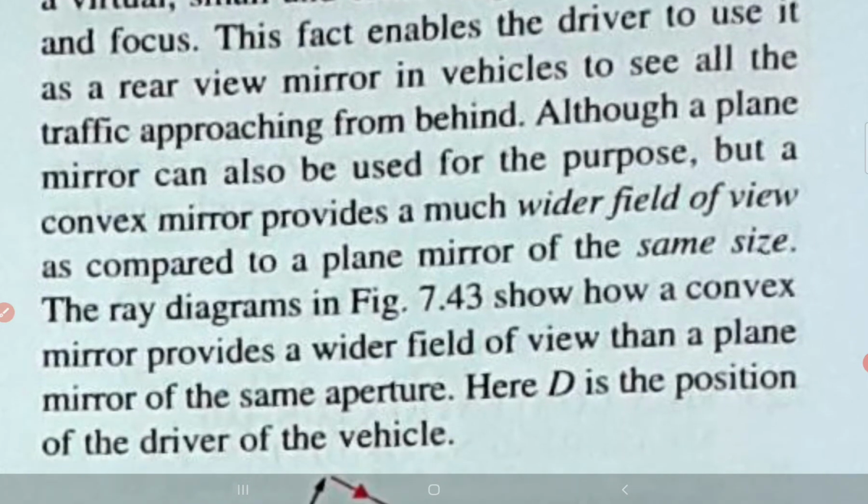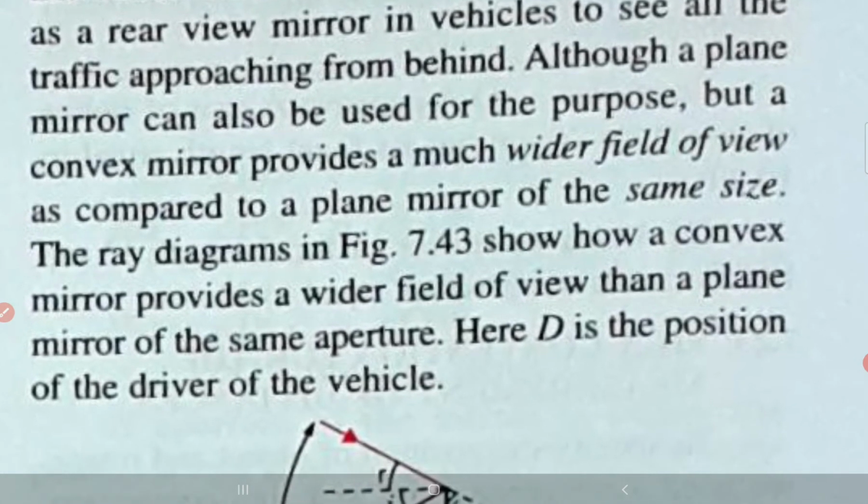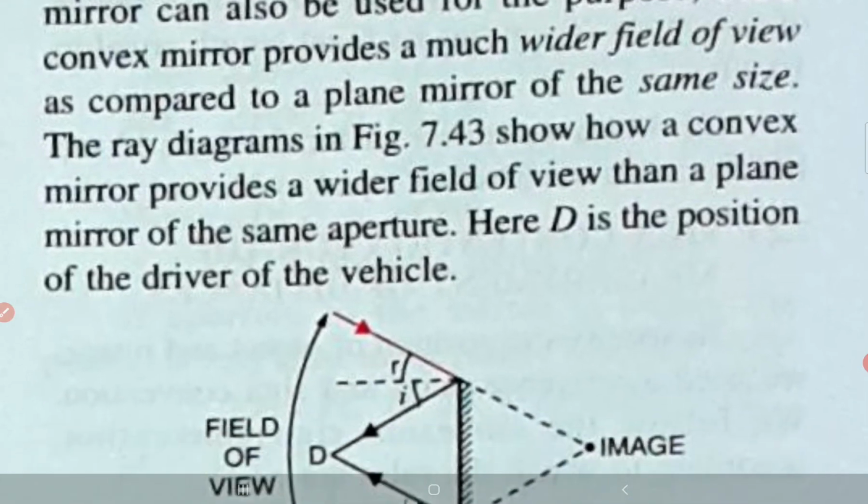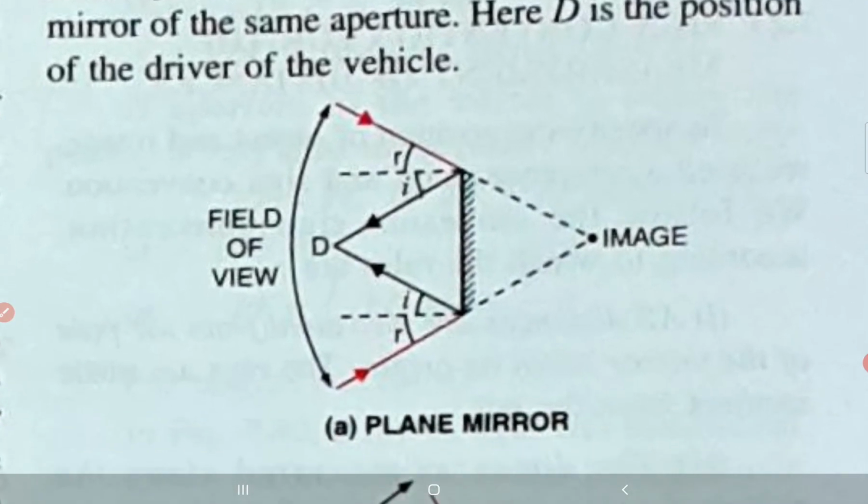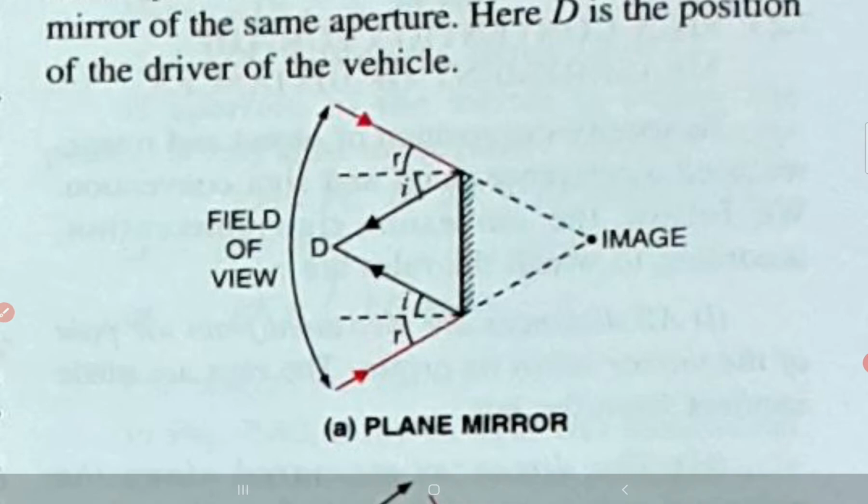The ray diagrams in figures 7.43 show how a convex mirror provides a wider field of view than a plane mirror. Here field of view means the area in which the images can be seen, right. So, here D is the position of the driver of the vehicle. Here you can see if we are using a plane mirror, the area on which the images can be created is of this size.